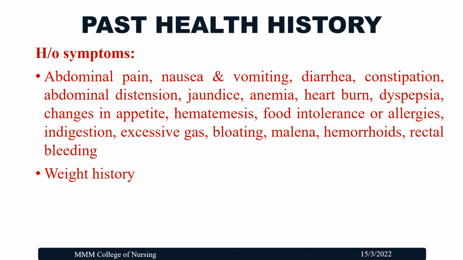In the past health history, gather information from the patient about the history or existence of the following problems related to GI functioning, such as abdominal pain, nausea and vomiting, diarrhea, constipation, abdominal distension, jaundice, anemia, heartburn, dyspepsia, changes in appetite, hematemesis, food intolerance or allergies, indigestion, excessive gas, bloating, melena, hemorrhoids, and rectal bleeding.